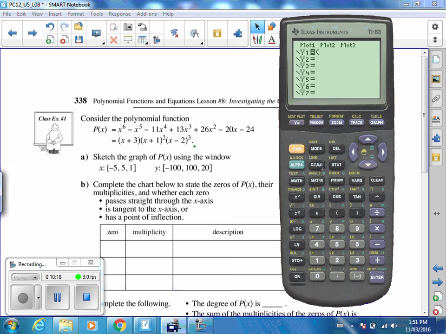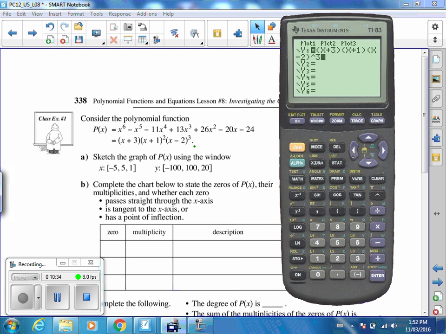I don't even need to use the expanded form. X plus 1, close bracket. X minus 2, close bracket. This one's cubed. And this one back here was squared. Okay, so I graph it.